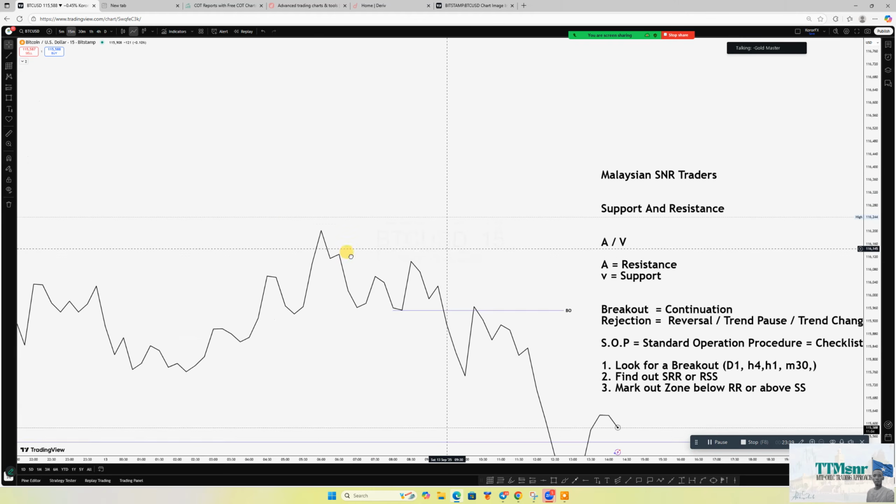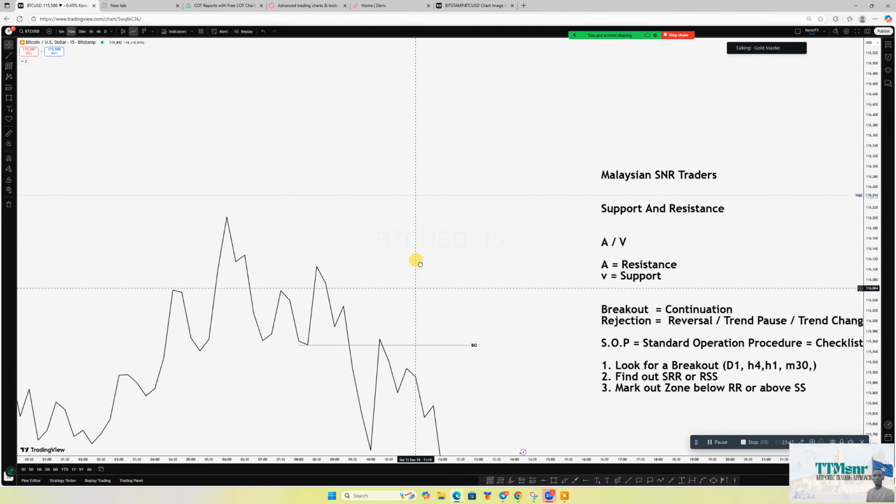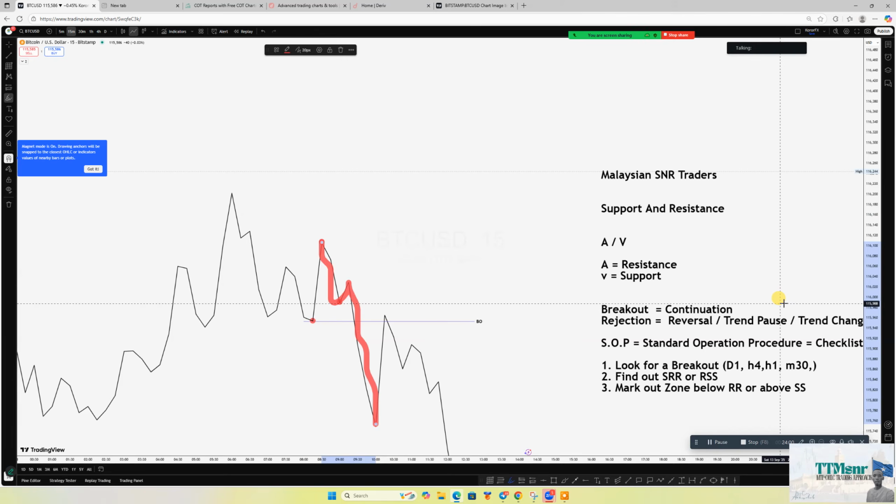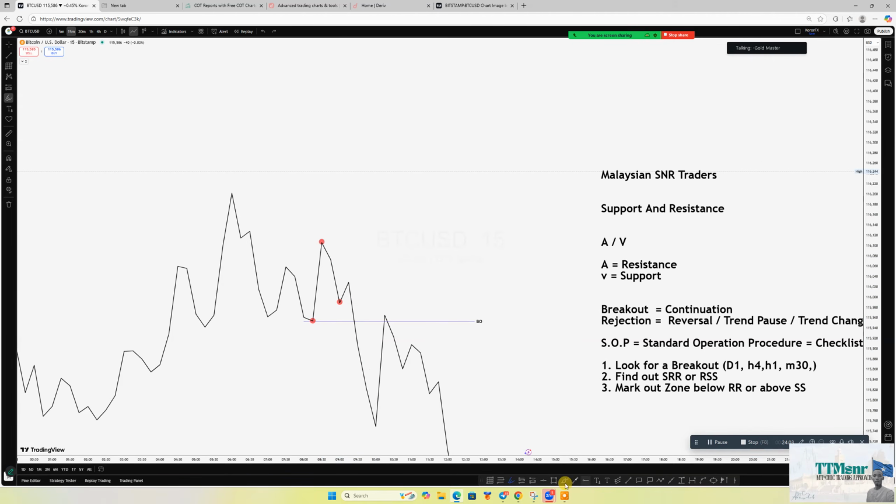And then I go 15 minutes. So in 15 minutes, it was forming two support levels right here, right? But which resistance broke it? This one, right? So this one is the resistance that was holding all these positions lower. I hope you're getting it. So my zone of sell will be where?